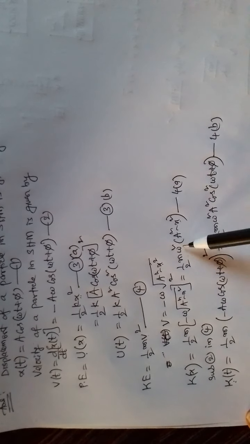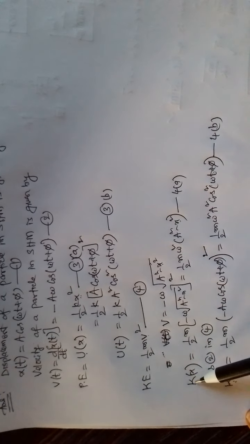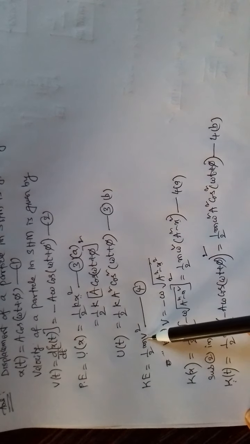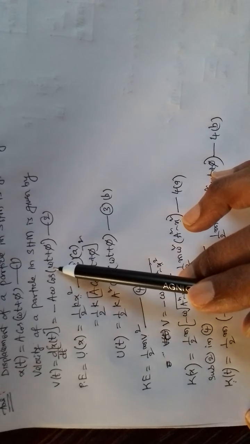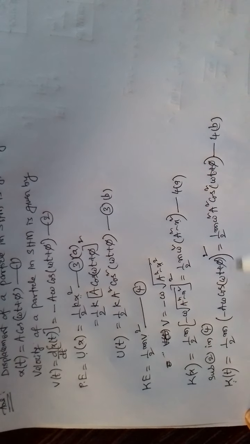So this expression for kinetic energy is in terms of x. Now what we did, in place of v, if we substitute this value, we get another expression, and this time kinetic energy is a function of time. Therefore I wrote T here.